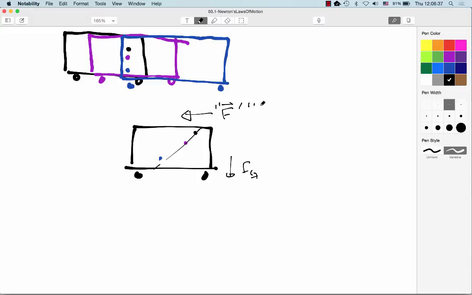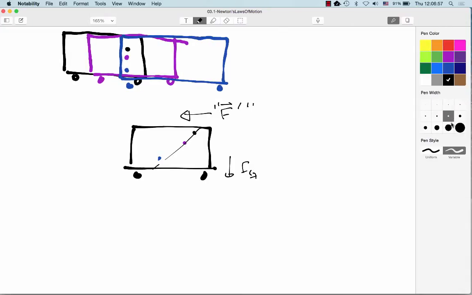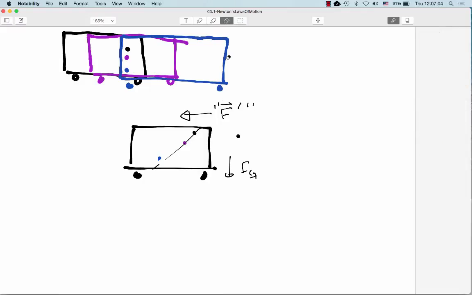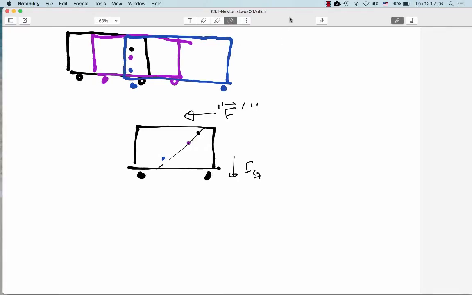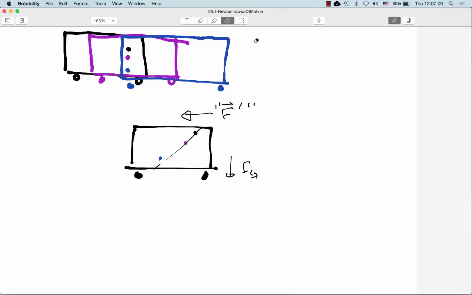Now, the book gets into quite a discussion of what even constitutes an inertial frame. And the best definition we have at the moment is moving at a constant velocity with respect to the cosmic microwave background radiation. Okay. Now, to look at the second and third laws, I'm going to bring in an idea due to Richard Feynman.